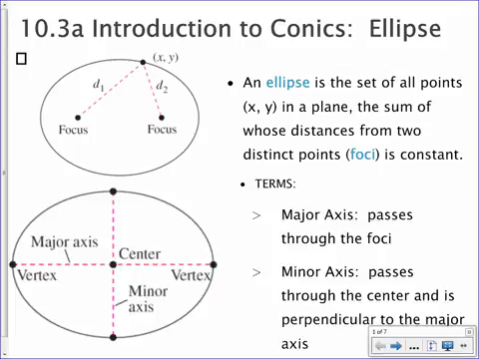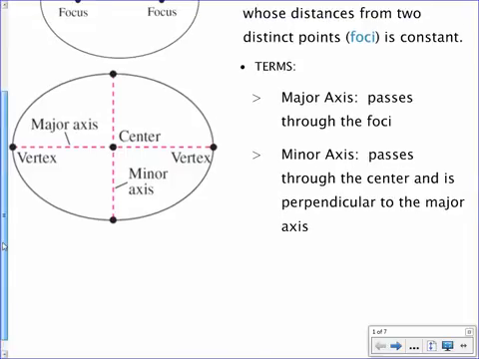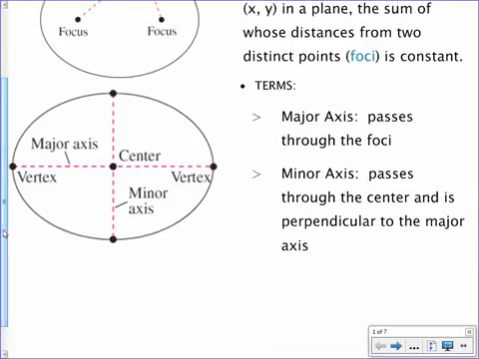This is the major axis. And we call these endpoints vertex points or vertices. The shorter side of your ellipse, if you draw a line perpendicular through what we're going to call the center, that's going to be our minor axis.